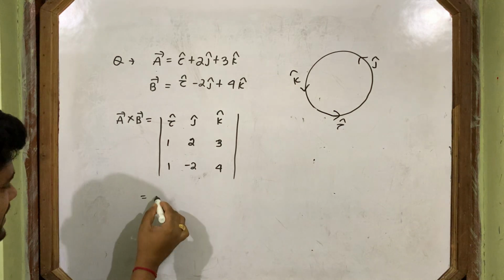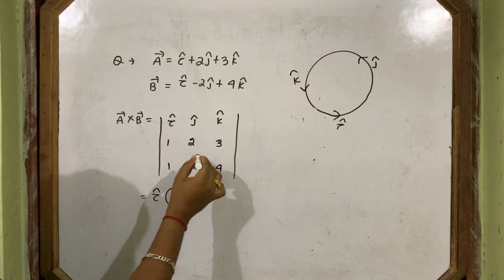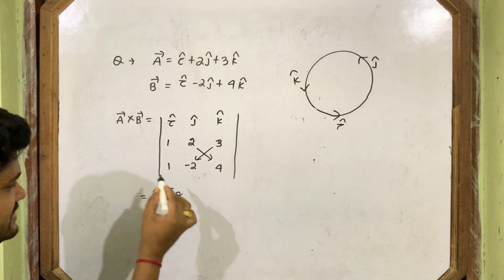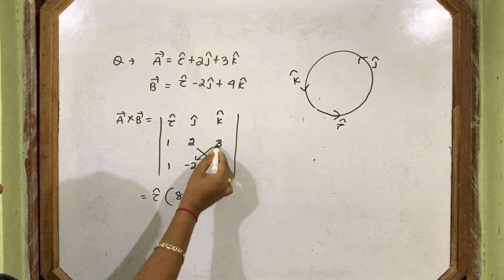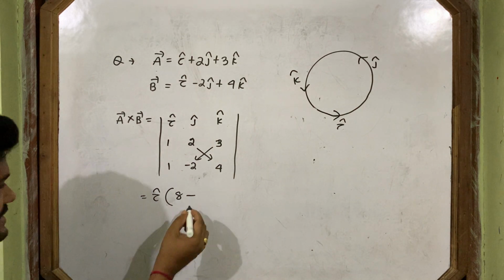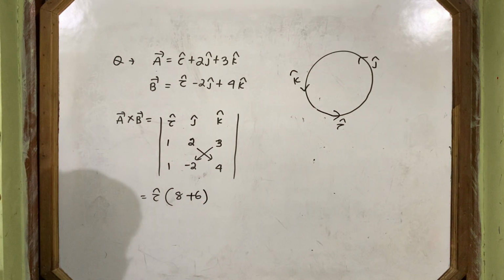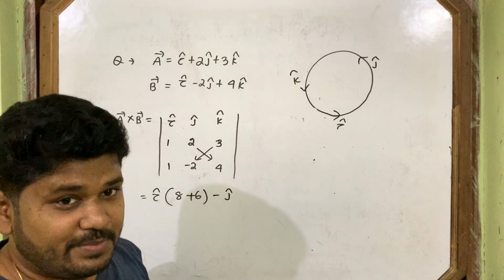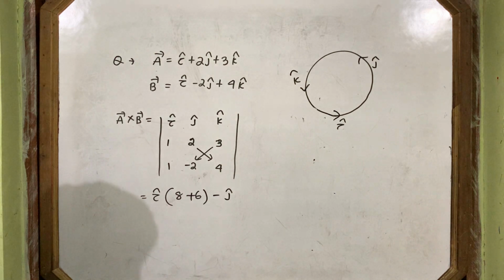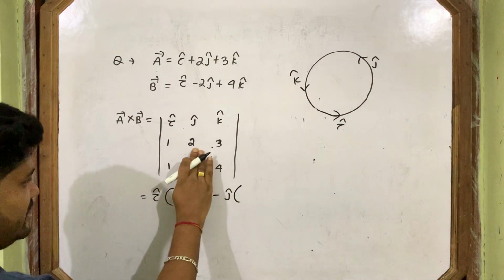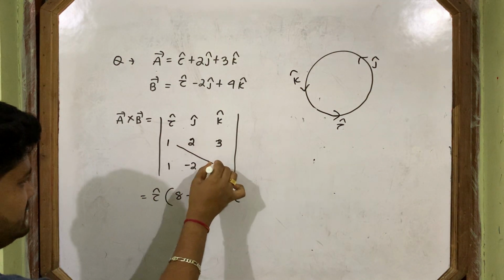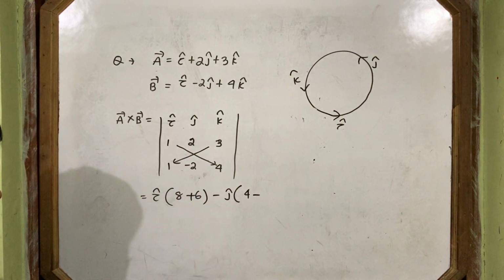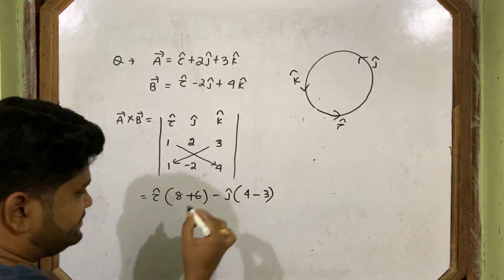Now do i cap, this to this, this to this: 2 into 4, 8, minus 3 into minus 2, so it's minus minus 6, it is plus 6. Then j cap, I have told you, while writing j cap, you have to put a minus sign. So now this one over, this to this and this to this: 1 into 4, 4, minus 1 into 3, that's 3.